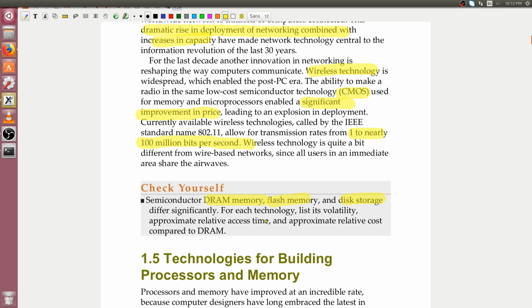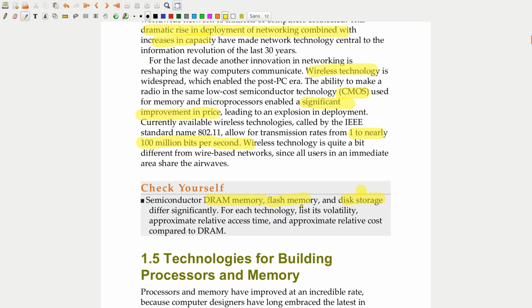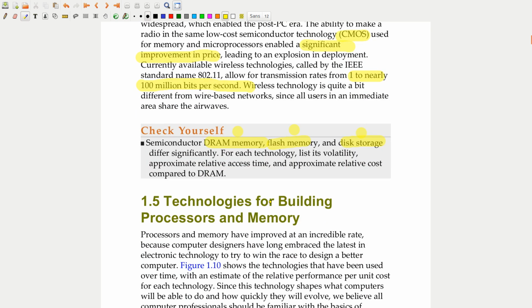On access time, disk is always going to be the slowest. DRAM out of these three is going to be the fastest. And flash, while not the slowest, is still going to be slower than DRAM.